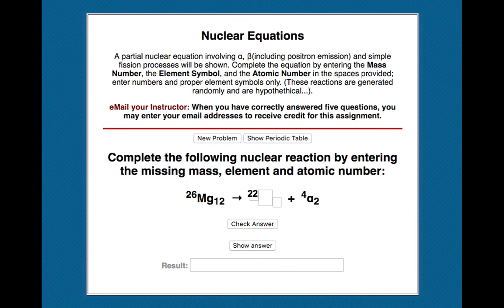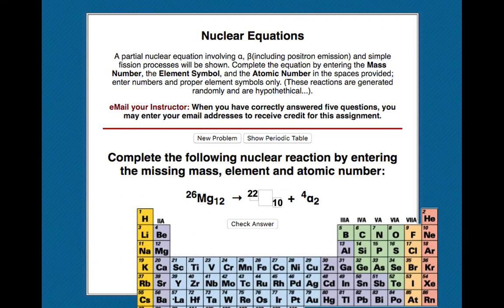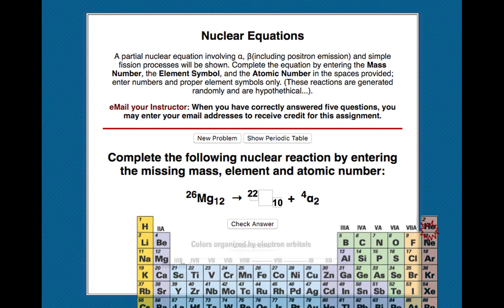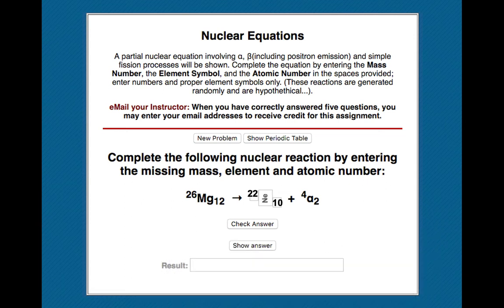We are starting at 12, we are losing 2. Our atomic number is 10. We look at our periodic table, and we're looking for 10. There it is. This is neon. Any questions?